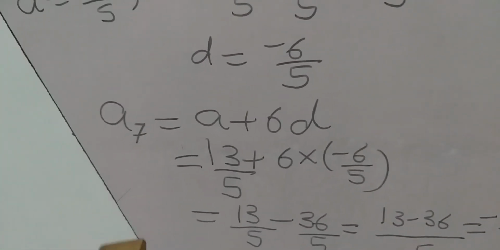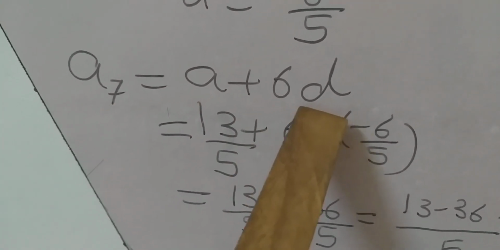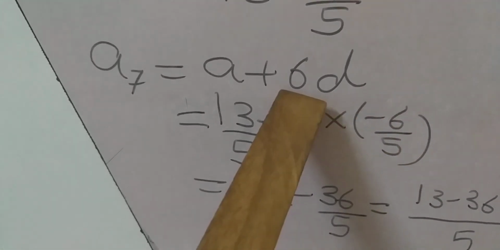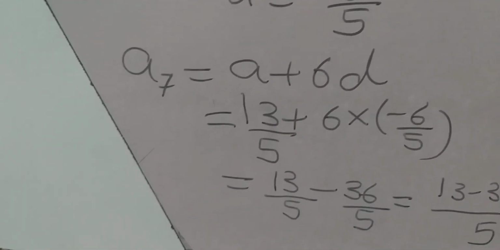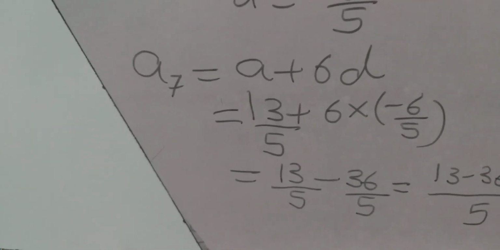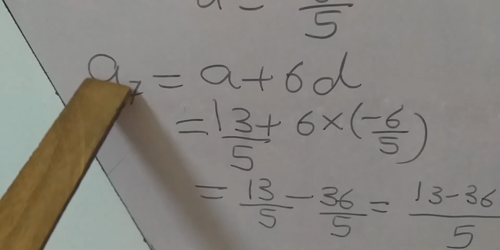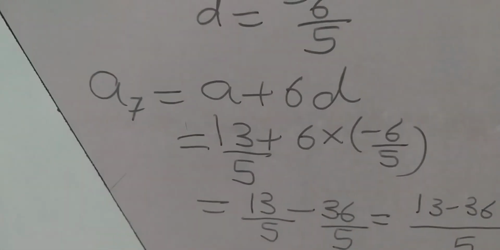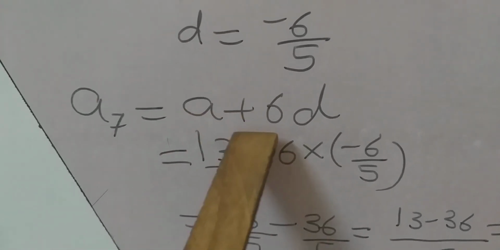Directly we can write the seventh term here. The value with D will be 1 less than the 7. So A plus 6D. Suppose I want to find the 10th term, A10. Then A10 equals A plus 9D.